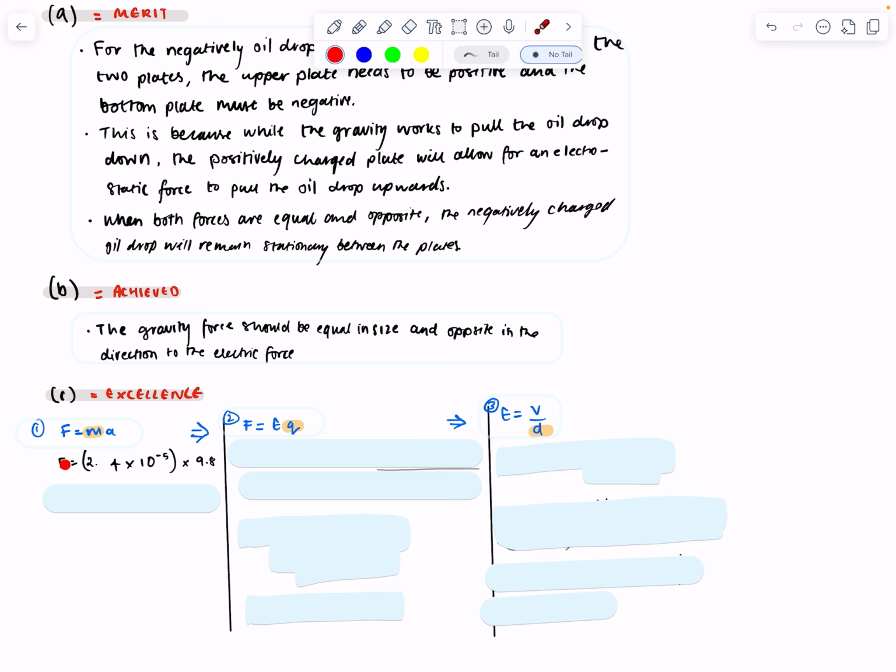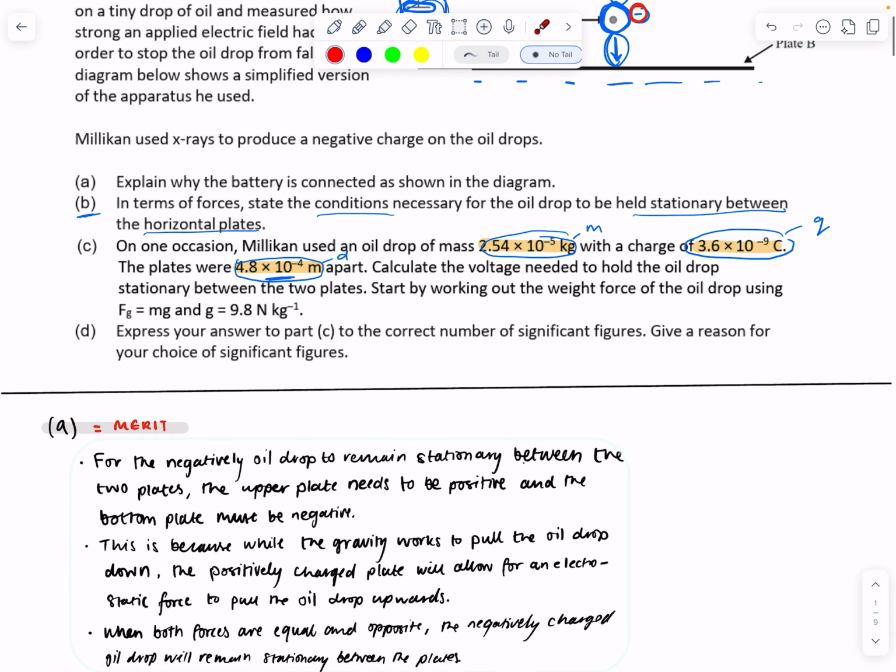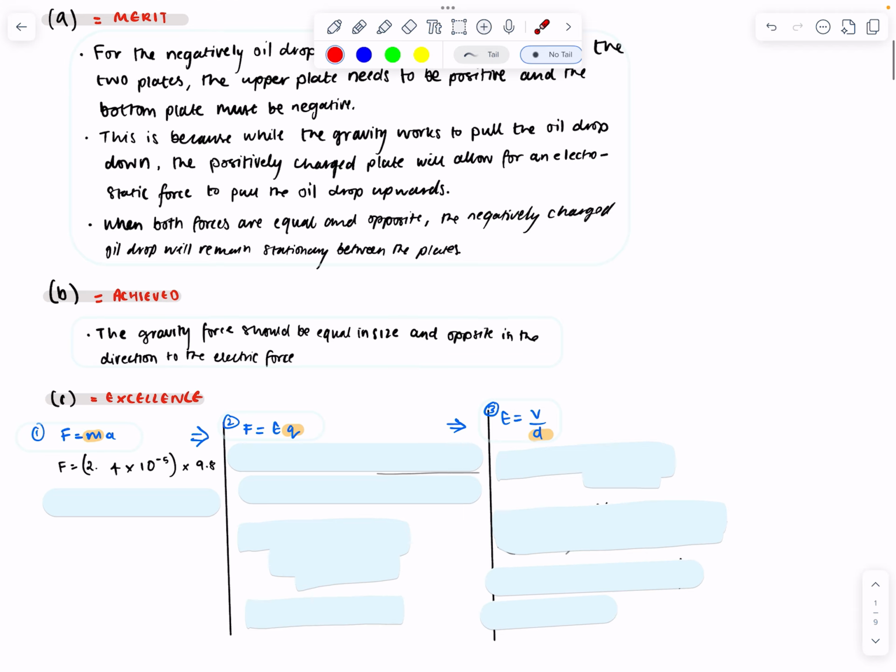So we've got F equals the mass, which was given in the question over here, times acceleration due to gravity, which is 9.8. This gives us this value here. Now we can use this value and plug it into this electrostatic force equation here.